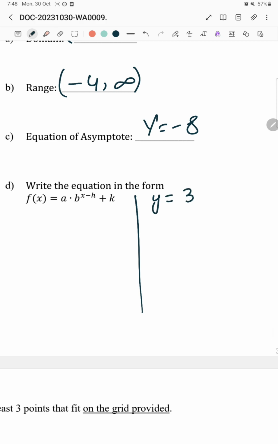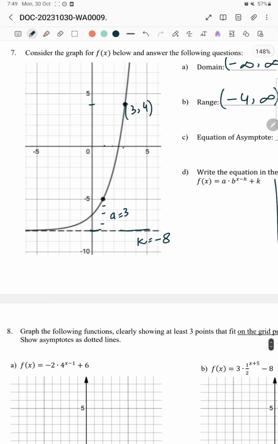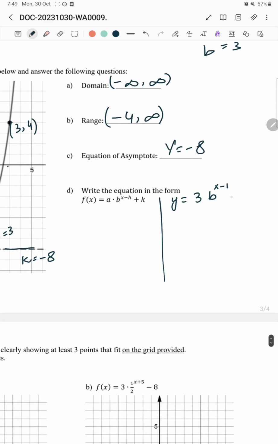A is 3, b to the power x minus h. So h is 1. This is h. x minus h, plus k. And the point we have taken is 3, 4.